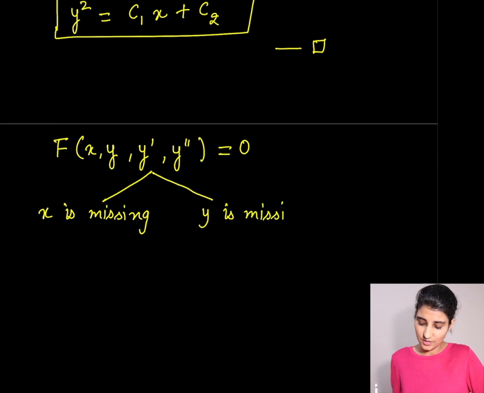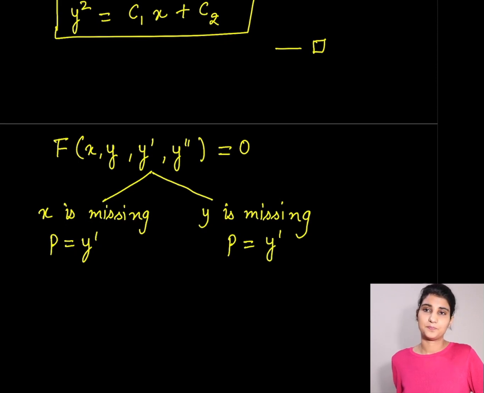If one of them is missing, you can easily solve it by substituting or introducing a new function p equal to y prime.